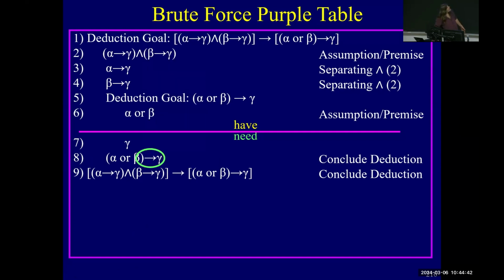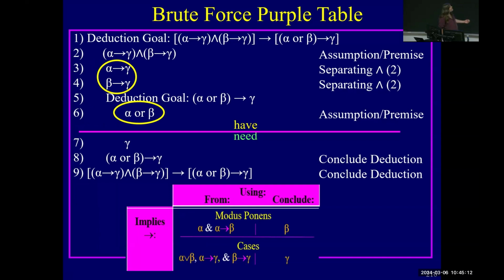And now we have, right, it gives us or. All right, so how are we going to get gamma here? I think everybody should eyeball this and say, what are we doing? Yeah? Cases. And what do we need to do for cases? Yeah, we don't have to do anything for cases, right? We have everything we need, right? We can just say, bang, we did it by cases. Right? Does that make sense?